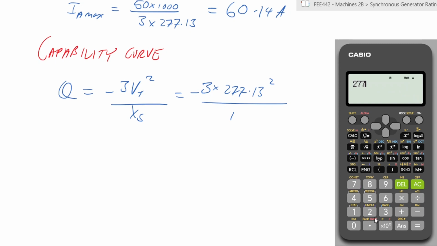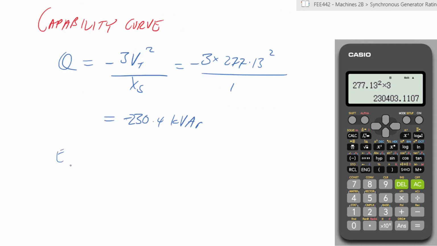So 277.13 squared times 3 is equal to that. So it is negative 230.4 kVAR.